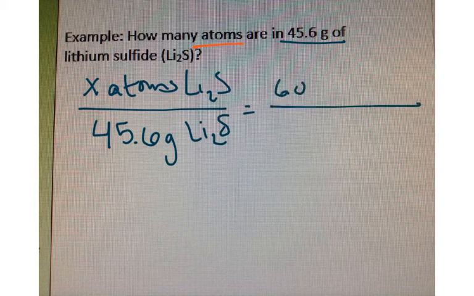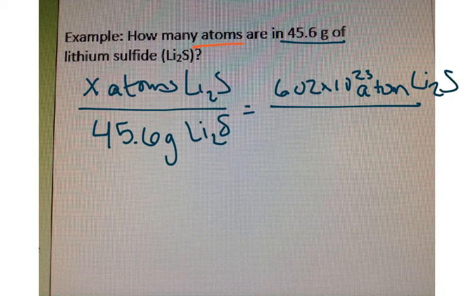Now, according to my conversions, I can just directly convert. So I'm going to do 6.02 times 10 to the 23rd atoms, because that's what it says on my ratio chart, of Li2S, is proportionate to the molar mass of lithium sulfide. So I need to figure out my molar mass of lithium sulfide.